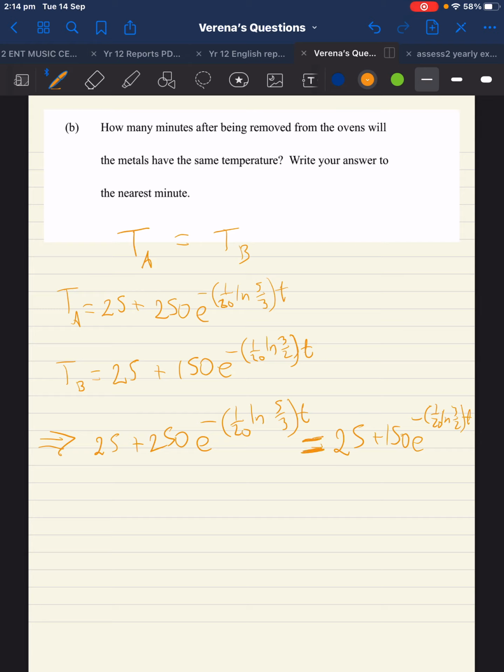Really put some extra emphasis on where the equals is, because it's a bit messy. Take away 25 from both sides, and the 250 and the 150 will simplify, dividing both by 50. Okay, so we end up with 5 e to the minus 1 on 20 ln 5 on 3 t, which will be equal to 3 e to the minus 1 on 20 ln 3 on 2 t.